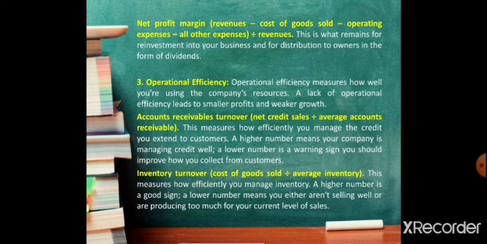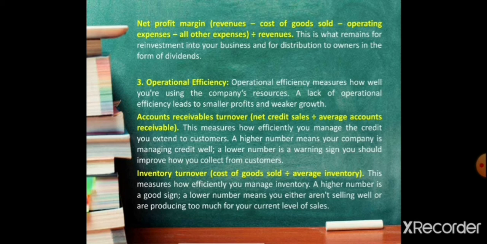If the operational efficiency is high, then the business concern earns heavy profit in the business organization. In this component, there are also two parts: accounts receivable turnover and inventory turnover.